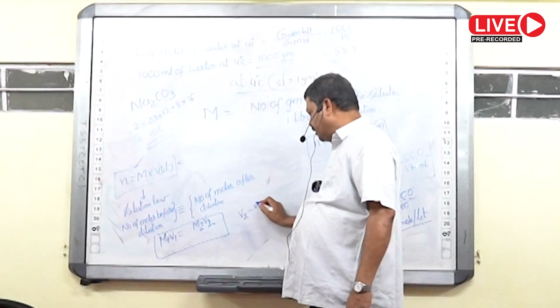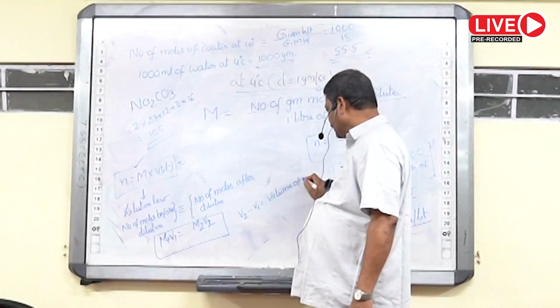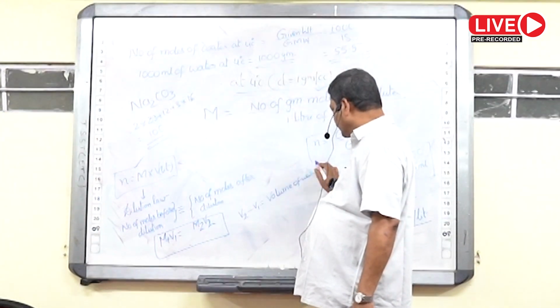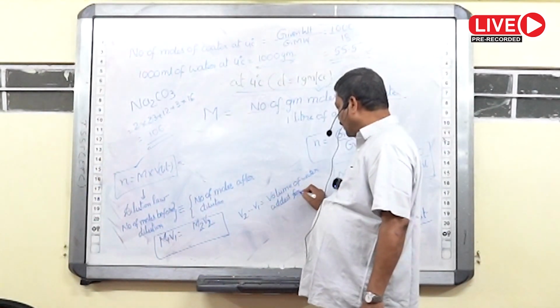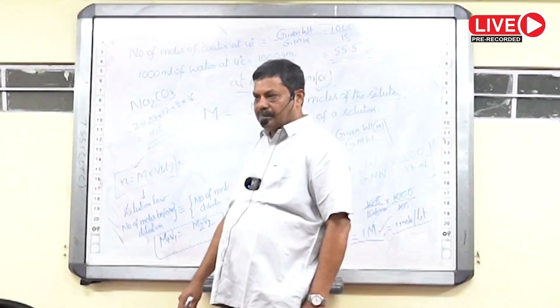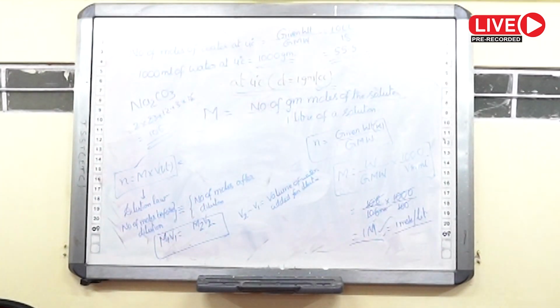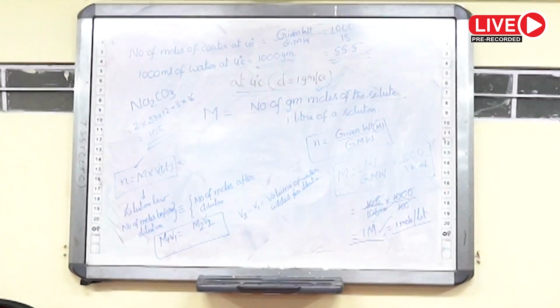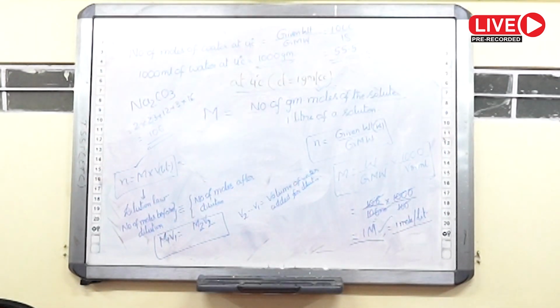And V2 minus V1 is equal to volume of water added for dilution. What is V2 minus V1? Volume of water to be added for dilution.